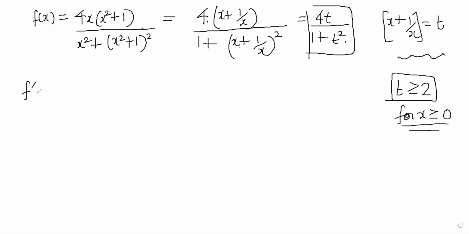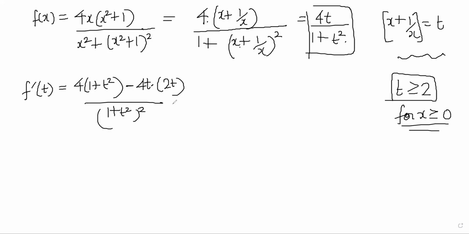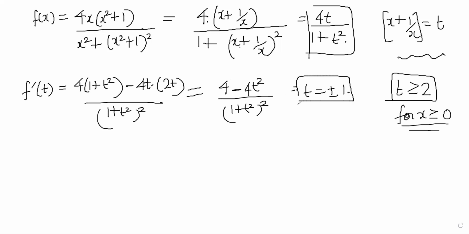So f dash t will be equal to 4(1 plus t square) minus 4t into 2t, by (1 plus t square) whole square. You get 4 plus 4t square minus 8t square, so (4 minus 4t square) by (1 plus t square) whole square. So basically t can be plus or minus 1. But t cannot be 1 and t cannot be minus 1 also, right?